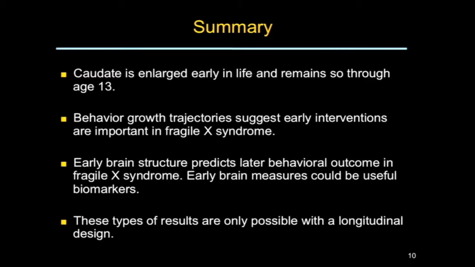And finally, I just want to underscore that these types of results are really only possible with a longitudinal design. Following the same individuals throughout development is really critical to understanding these neurobiological differences and then in turn informing treatments that are perhaps going to target neurobiology.